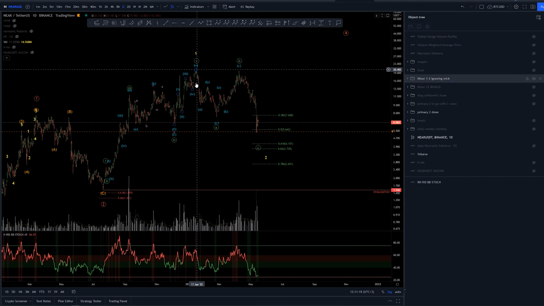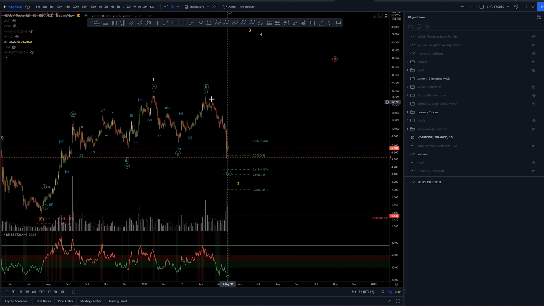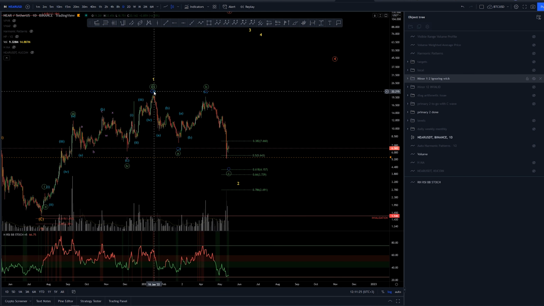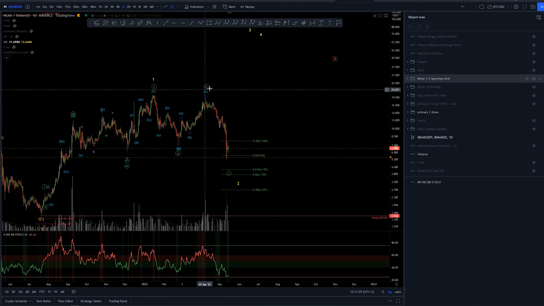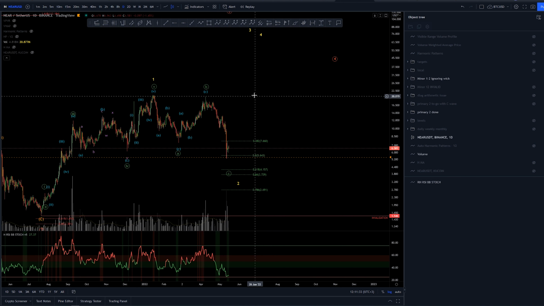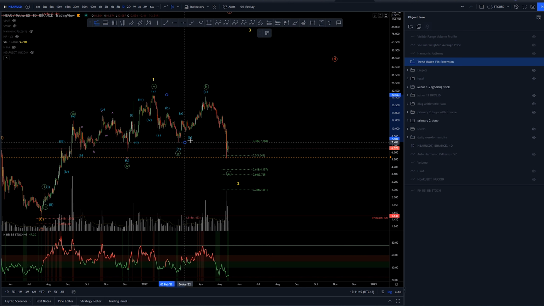In this case, we would be looking for a wave 2 correction that we are currently in at the moment, and this would to me look like a three-wave structure into A, three-wave into B and C. This is actually a flat correction just because we did not get past the 1-to-1 extension here, or where the wave A started, so it is a flat and not an expanded flat, so we shouldn't be expecting too much lower than the current prices here.